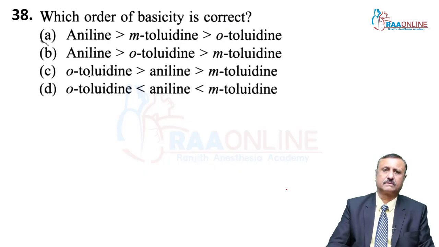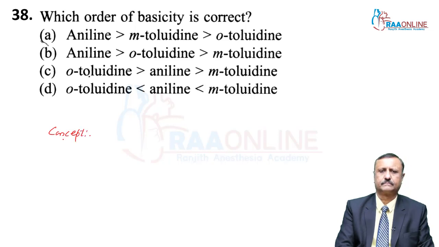Now my dear students, we see question number 38. Which order of basicity is correct? First of all, you can write down the structures of all these compounds. Aniline, what is the structure of aniline? The structure of aniline is this one. What is the structure of toluidine? That is orthotoluidine. This is the structure of orthotoluidine.